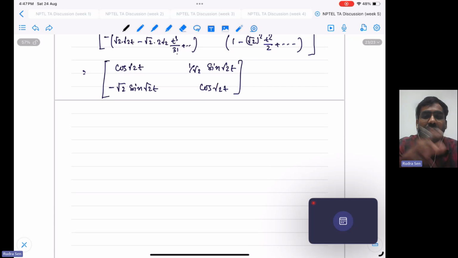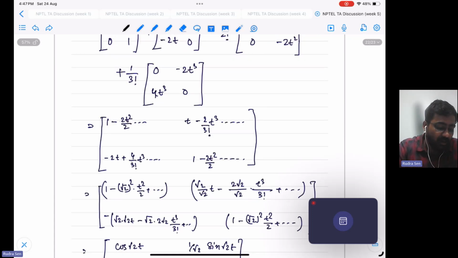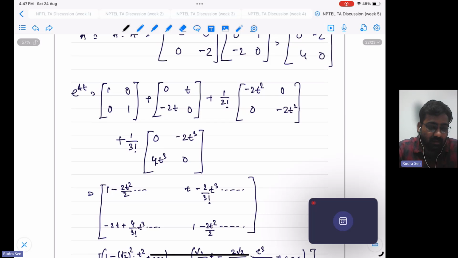Sometimes the matrix is 2 cross 2, but if the matrix is 4 cross 4 or 5 cross 5, it is quite difficult to find the inverse of sI minus A. So in that case this method is easier.